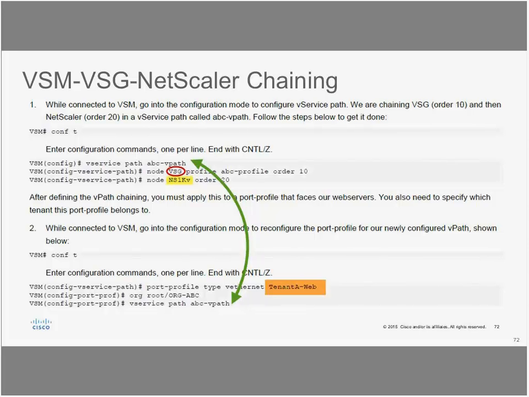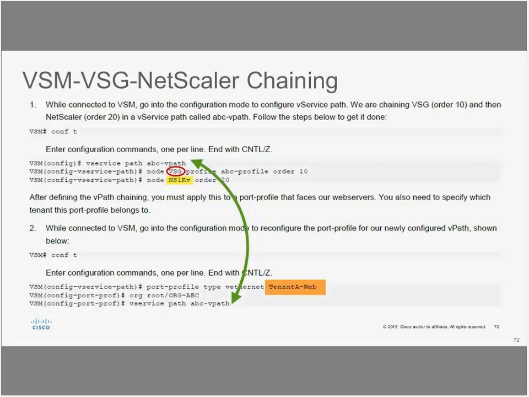So anytime traffic comes to this web server, it will first go to the VSG, and it will use the ABC profile, which was created on PNSC. So VSG will work on it depending upon what the ABC profile is, and after it does its conditioning and sends the traffic back, it will then go to the NetScaler.